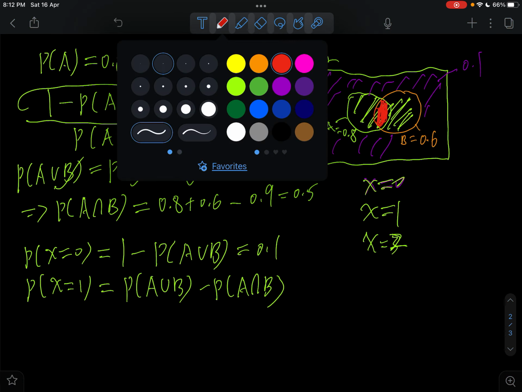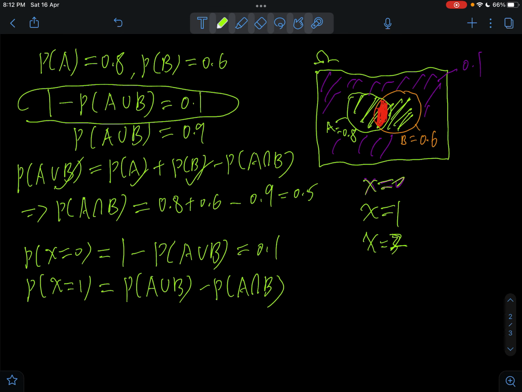So here the answer would be: A union B, we have already calculated, is 0.9, and A intersect B, we also calculated, is 0.5. Hence, it's 0.4 for X equals 1.